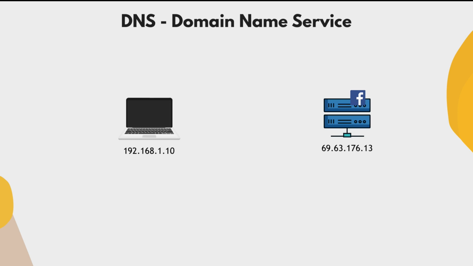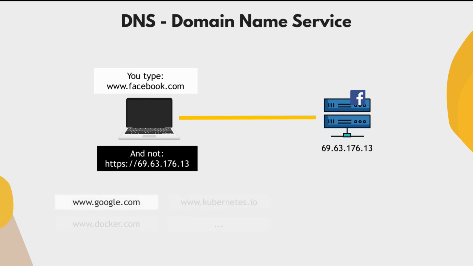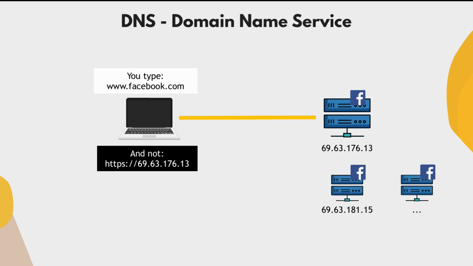And we saw that every device can talk to any other device using its IP address. But when you visit Facebook application, do you type in the IP address in the browser? Or when you visit any other website, you never just type an IP address, right? Why is that? Because Facebook.com application runs on many computers which each have their own IP address.